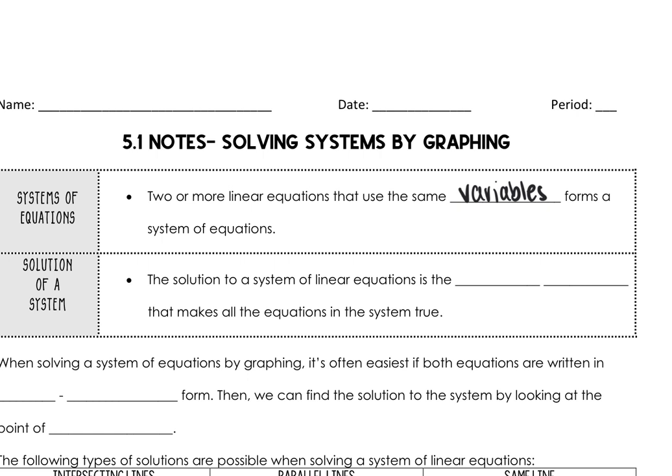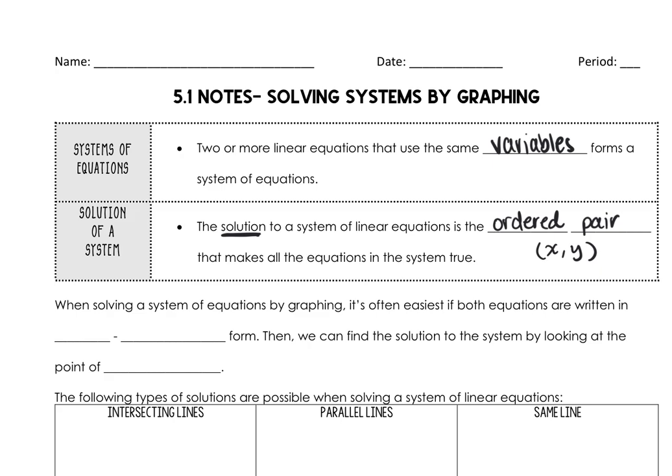The solution to a system of linear equations is the ordered pair that makes all of the equations in the system true. So we saw that word solution a lot in the investigation activity. Again, that solution is just the point. An ordered pair is just a point. So you're looking for the x, y point that both equations share. Okay?